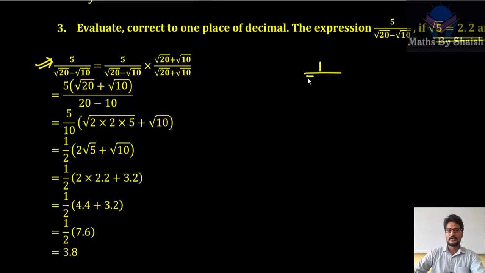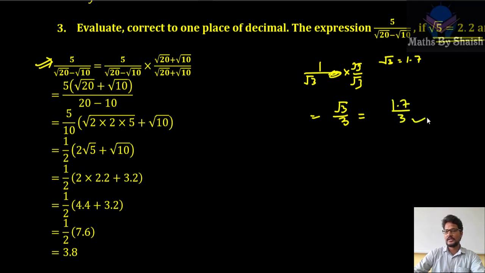If the denominator is root 3, for example, and we know that root 3 is 1.7, then it would be difficult to divide by 1.7. So we rationalize by root 3 into root 3, and then we get root 3 in the numerator and the denominator would be only 3, and then we can divide 1.7 upon 3, which is easier than dividing by 1.7.